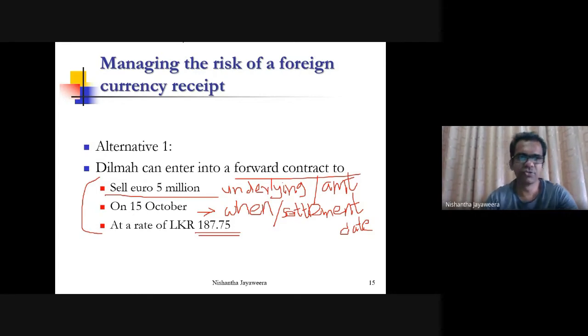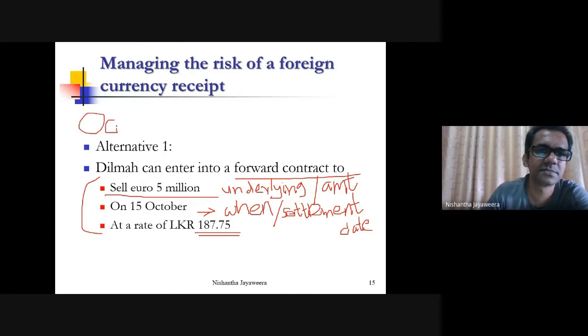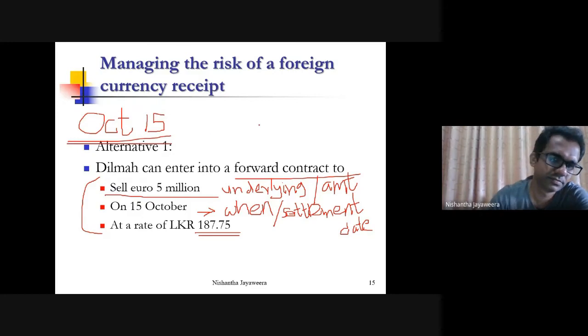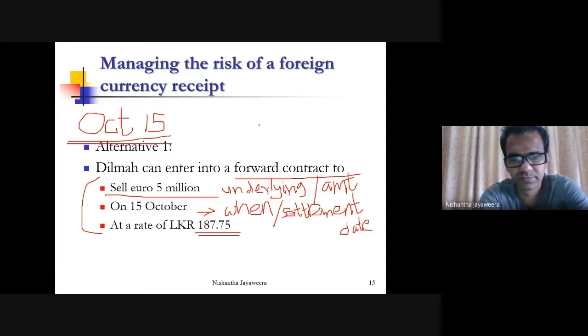So then what do you do on October 15th? As the exporter, what do you do?